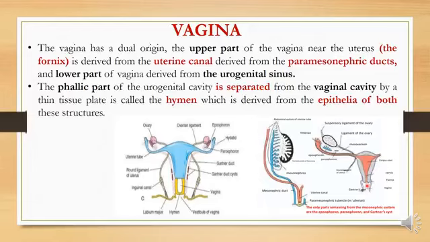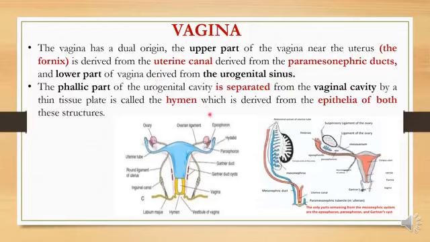The lower part of the vagina is derived from the urogenital sinus.